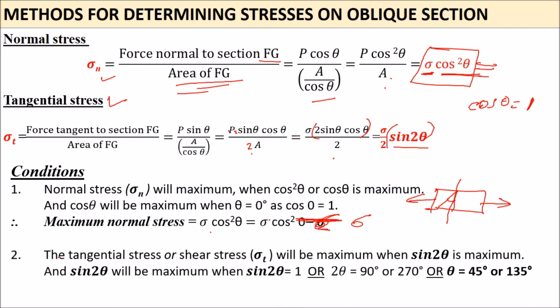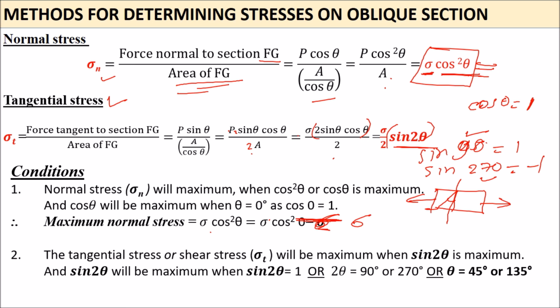Maximum normal stress will be sigma cos square 0, equal to sigma, this one, sigma. And when we talk about tangential stress or shear stress, sigma t will be maximum when sin 2 theta will be maximum, and sin 2 theta will be maximum at 90 angle, sin 90 value is 1, sin 270 is minus 1, means either at 90 degree or 270 degree it will be maximum.